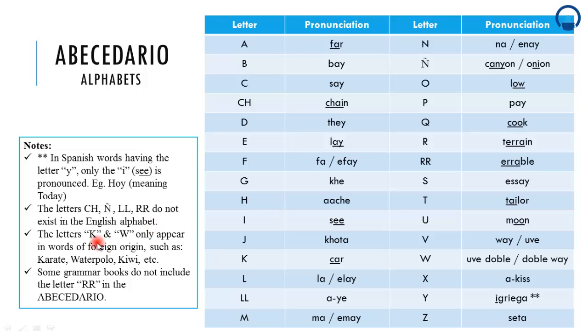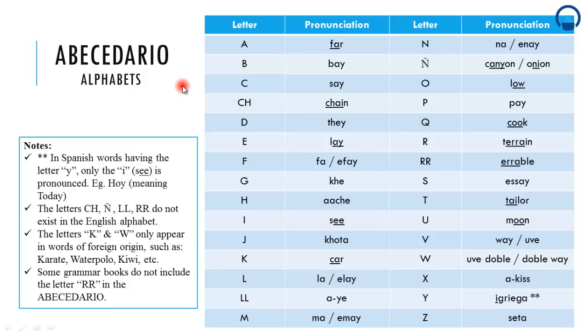The letters K and W only appear in words of foreign origin such as karate, water polo, kiwi, etc. So that's all with the alphabet series in Spanish. Let's try pronouncing it once more.